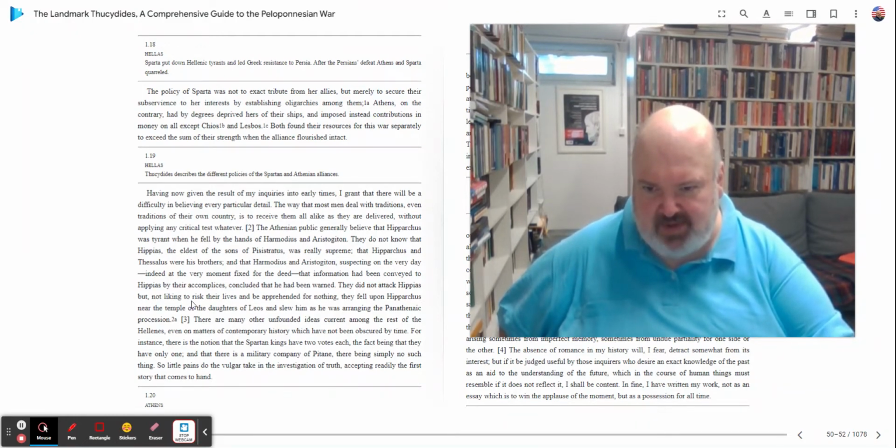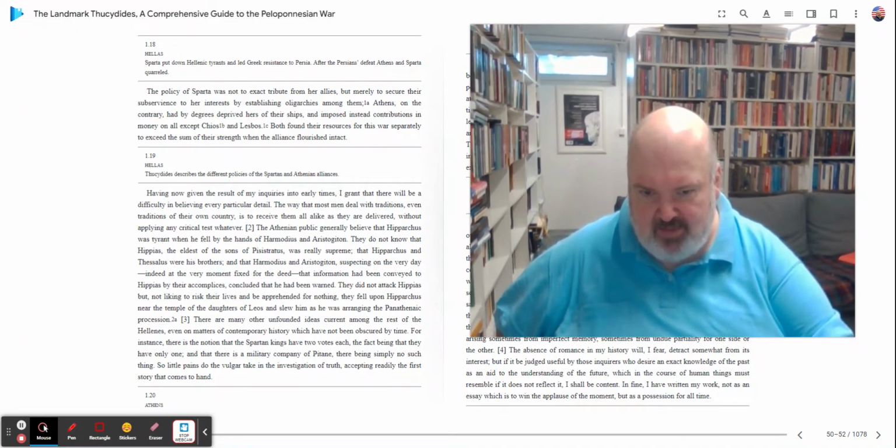They did not attack Hippias, but not liking to risk their lives by being apprehended for nothing, they fell upon Hipparchus near the temple of the daughters of Leos and slew him as he was arranging the Panathenaic procession.